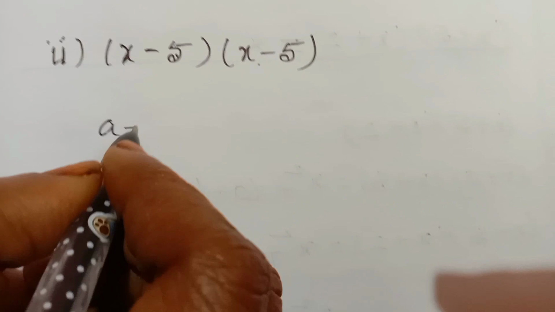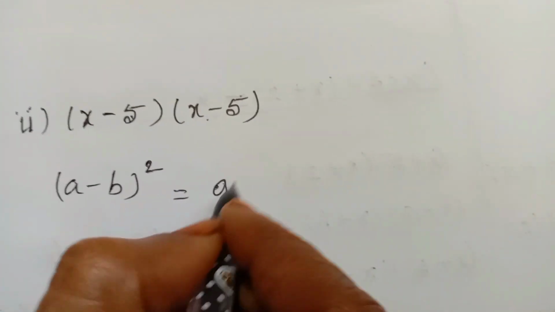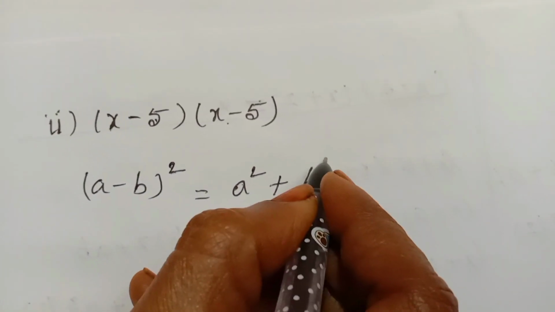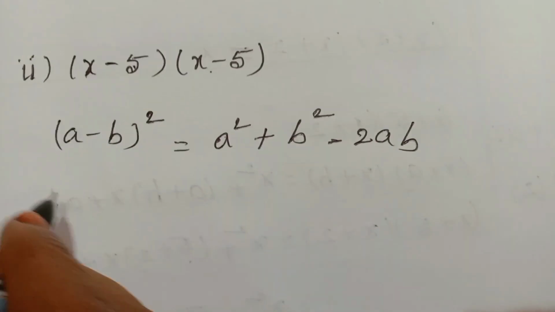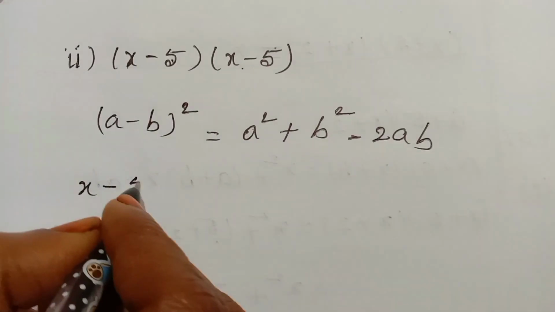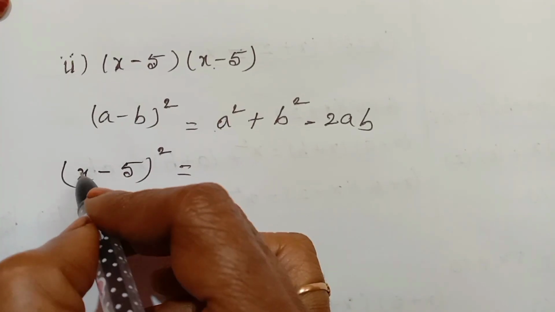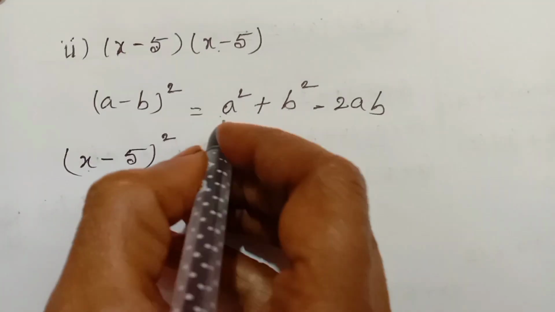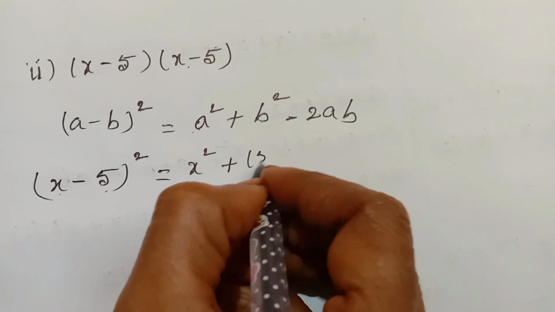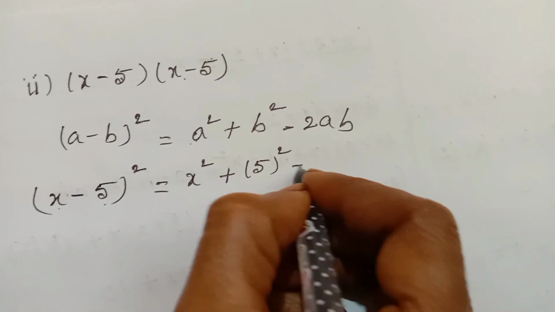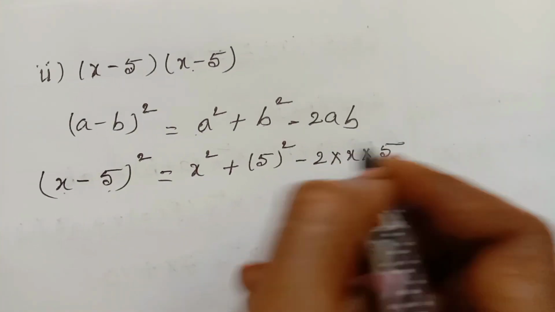Next, (x - 5) into (x - 5). Using the second identity, (a - b) whole square is equal to a square plus b square minus 2ab. (x - 5) whole square: a value is x, b value is 5. x square plus 5 whole square minus 2 into x into 5.